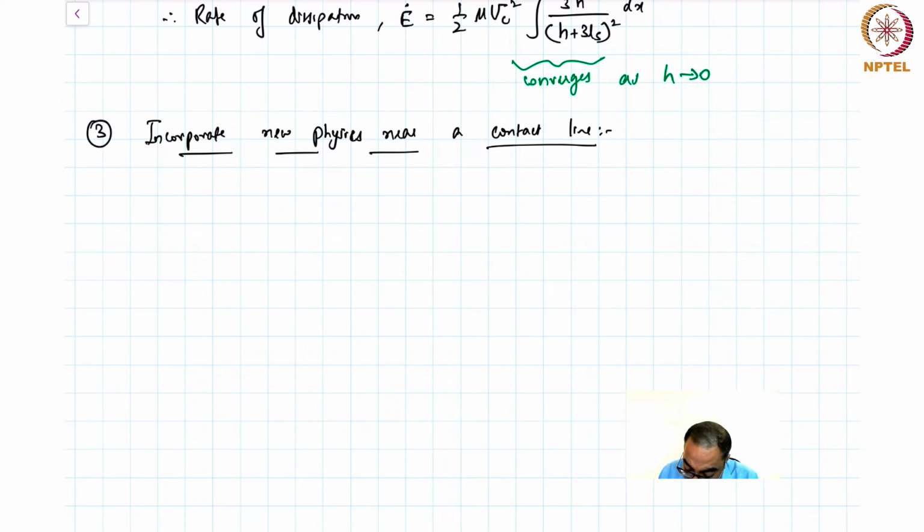The first one treats a contact line motion, to be specific, as a thermally activated process.